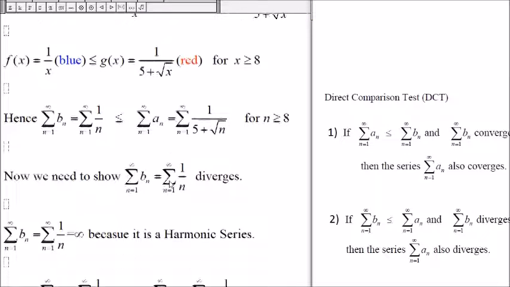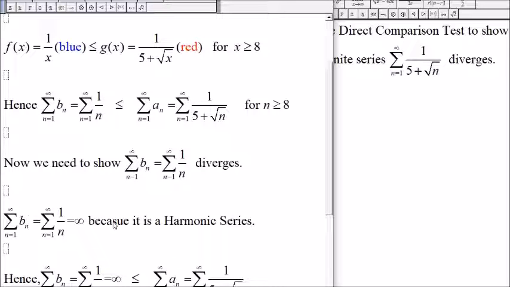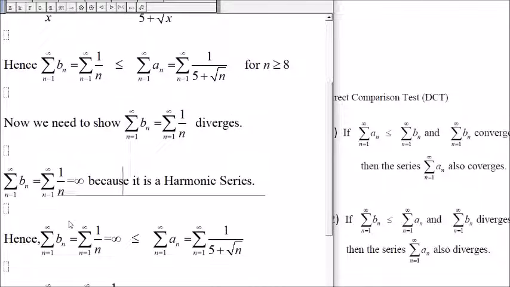And so we notice the following. The series b sub n is 1 over n, which is the harmonic series, and therefore we know that it diverges to infinity, and so the series b sub n diverges. And so what we have is this: the series b sub n, which is equal to infinity, is less than or equal to the series a sub n.